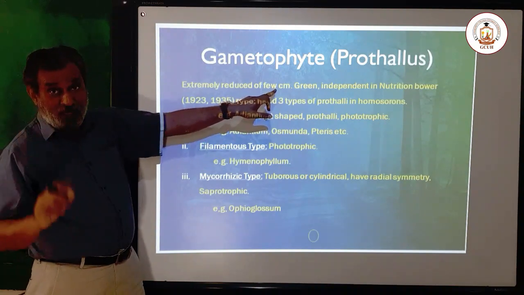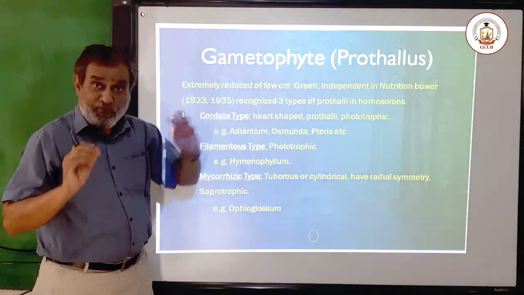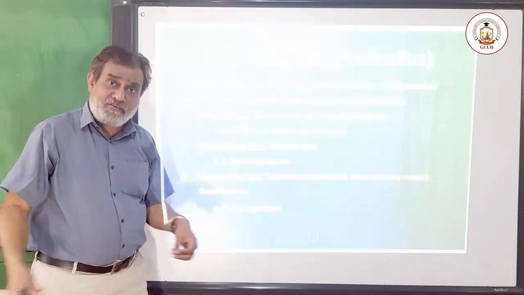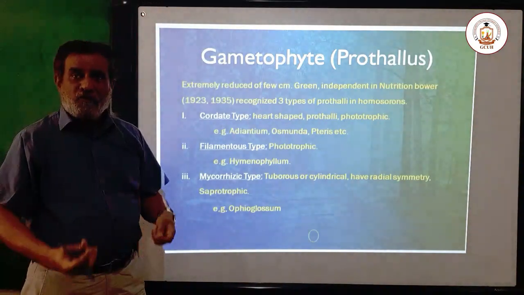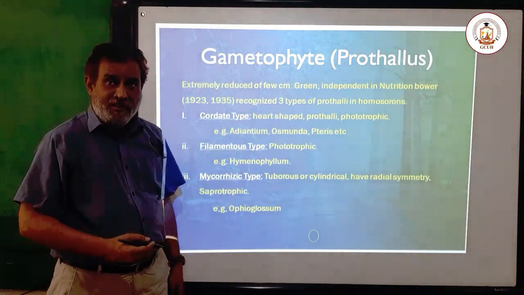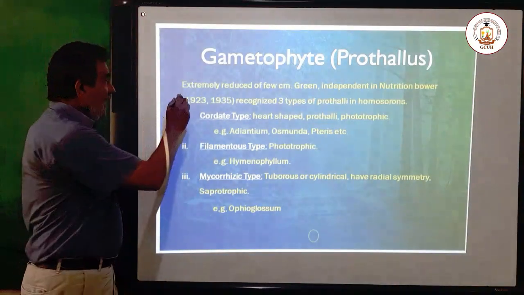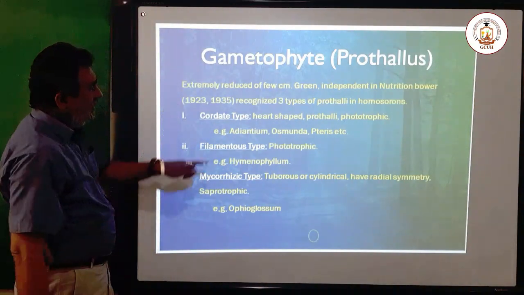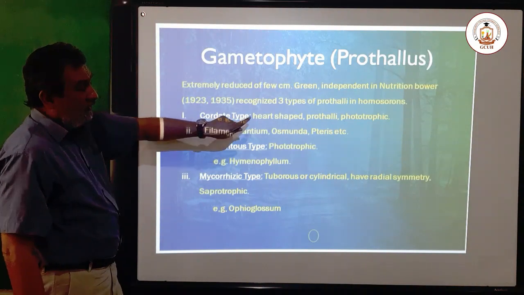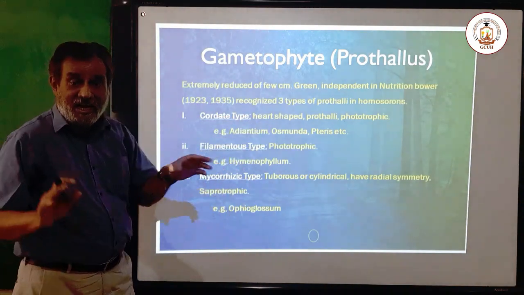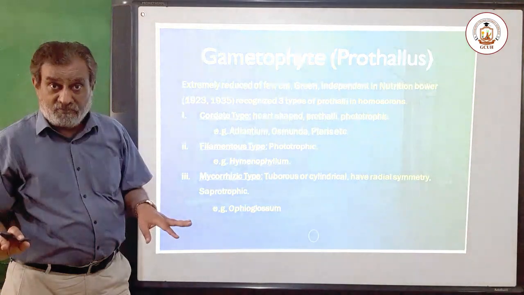Somewhere it may be mycorrhizal, which means it can attach with fungi and get its food from them. Then after that, we have three types of gametophyte. The cordate type, the shape is heart shape, as we have discussed in ferns.